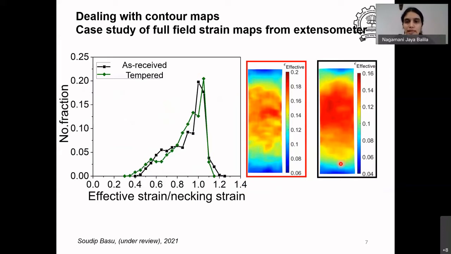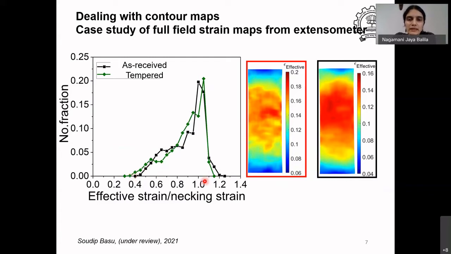Now, if you plot the effective strain at each location divided by the corresponding strain at necking, and don't worry about what this is, this is the global strain that was applied for each of those cases, then both those plots more or less match with each other in terms of the number fractions. Both of them have a slightly longer tail to the left, slightly skewed.